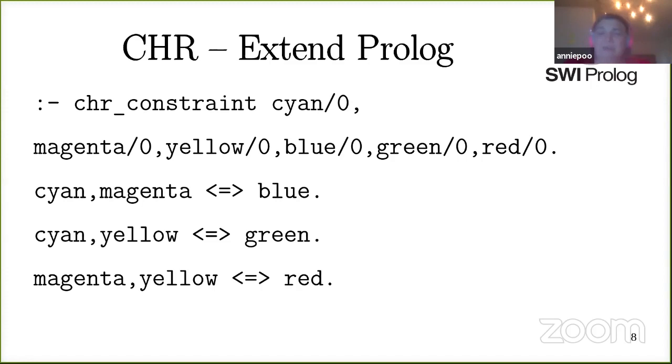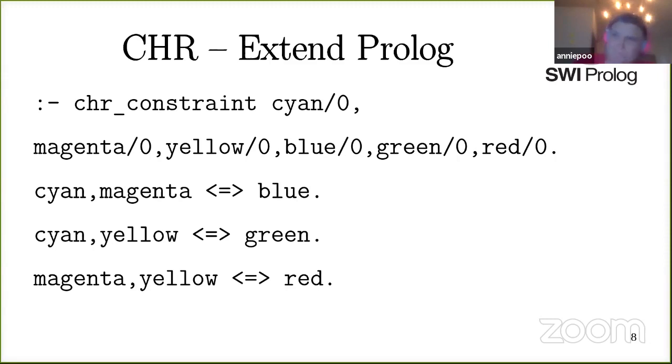Constraint handling rules do something a little more engaged and proactive. The CHR has a constraint store and constraints. You drop things into the store, and there are rules that make them transform. So this one does mixing paint colors.